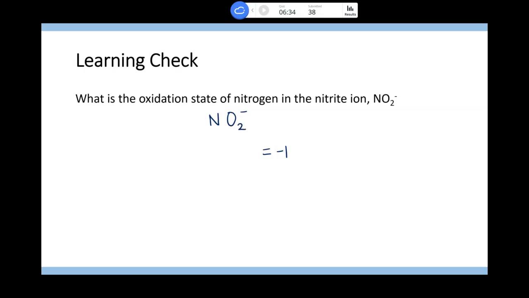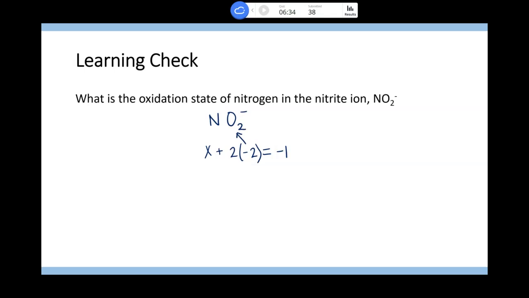In our guideline, we have that oxygen typically has a -2 oxidation state, and we have 2 oxygens. And then we don't know the oxidation state of nitrogen, so we can put in a variable here. The oxidation state of nitrogen plus the oxidation state of both oxygens should be equal to the overall charge of the ion, which is -1.